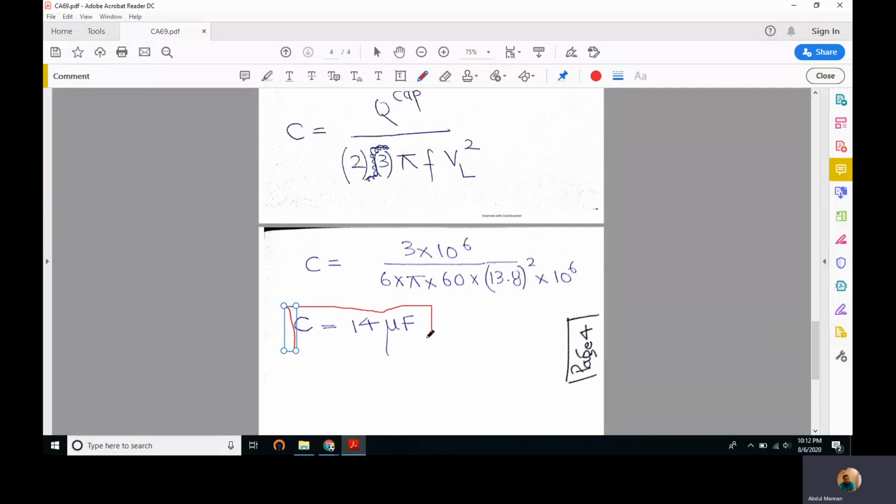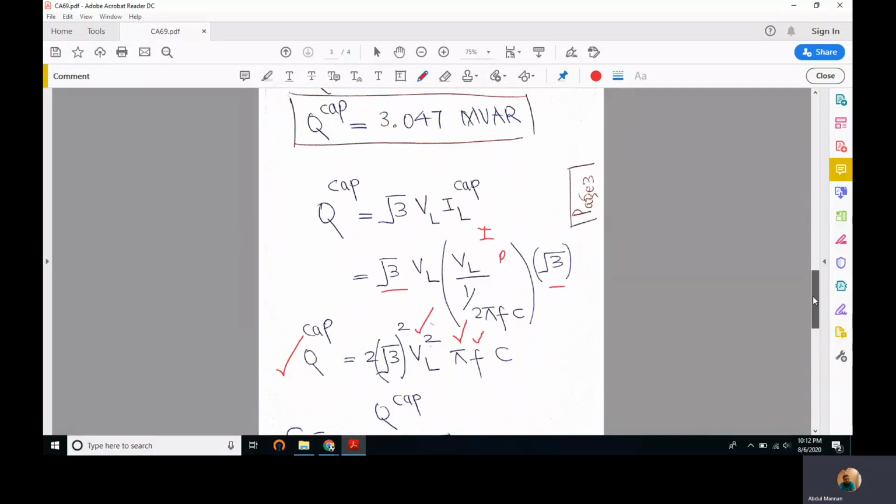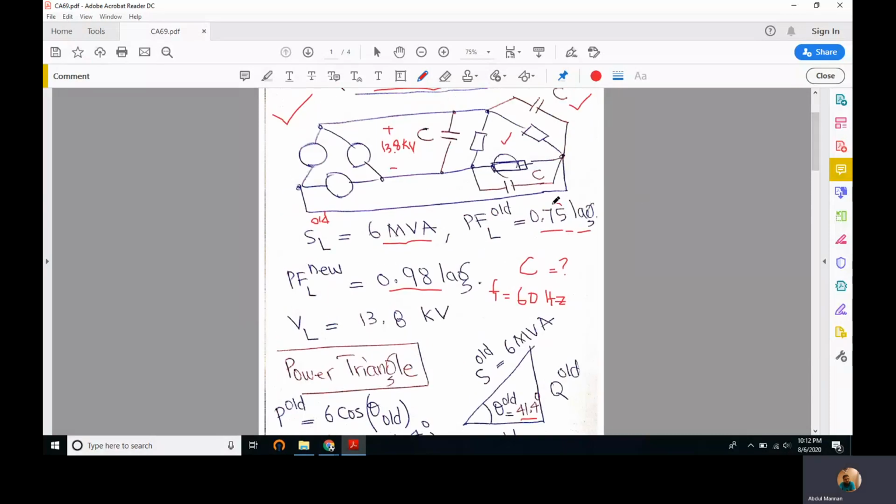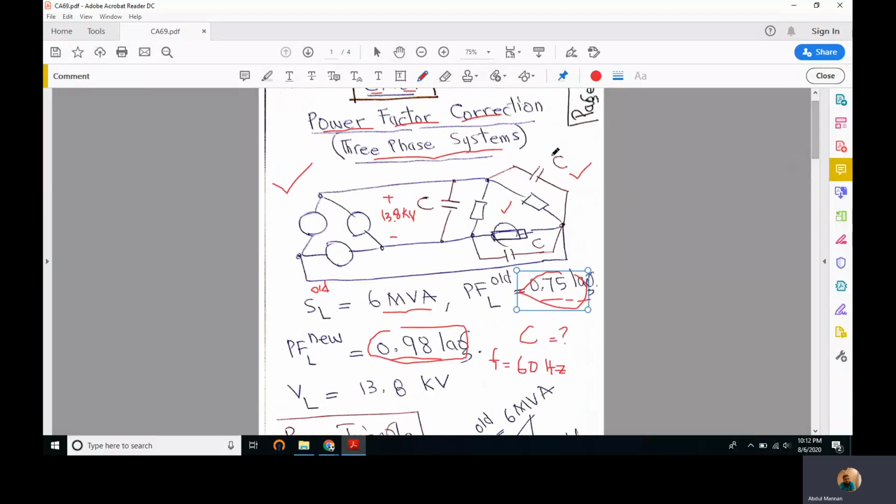This means that to improve the power factor from 0.75 lagging to 0.98 lagging in this system, we have to connect 3 capacitors, one in each phase between AB, BC and CA, and each one of them should be of value 14 microfarad.